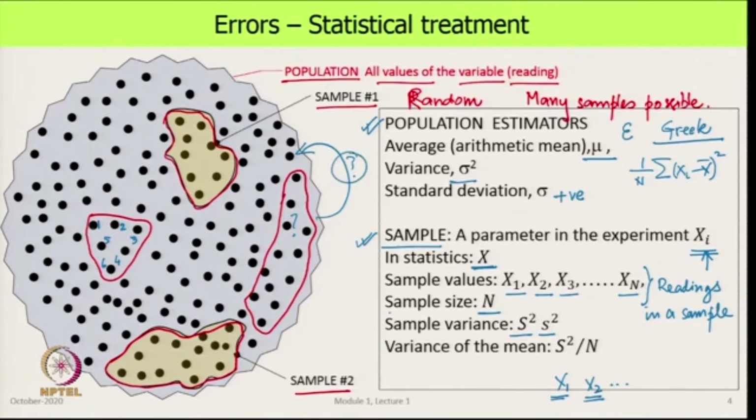That is our ultimate objective. That means, if I made 10 measurements of a particular value from an instrument, using those measurements, can I predict what would be the outcome if I had made 1,000,000 measurements? That is the question, and that is where statistics comes in to help us.